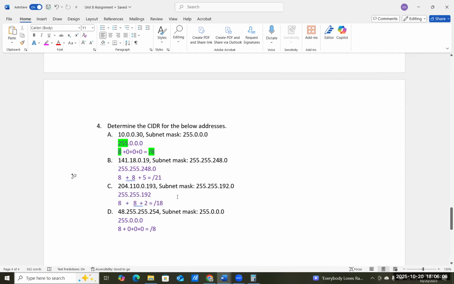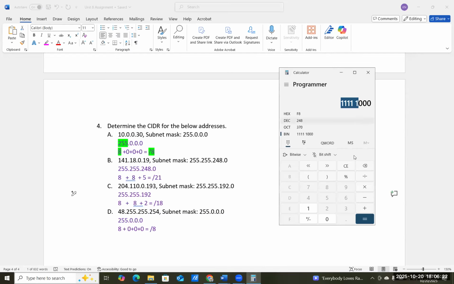And then same thing for the next one. So the subnet mask is given here. So I have 255 that yields 8 bits. The second 255, that's another 8 bits. And then I take the 192. Let's clear this. Click decimal 192.